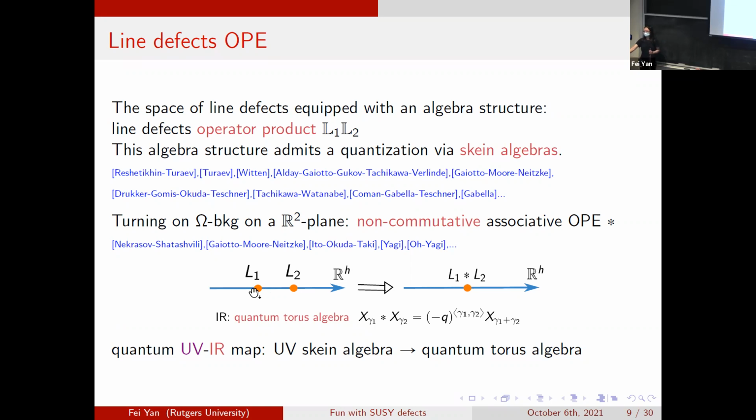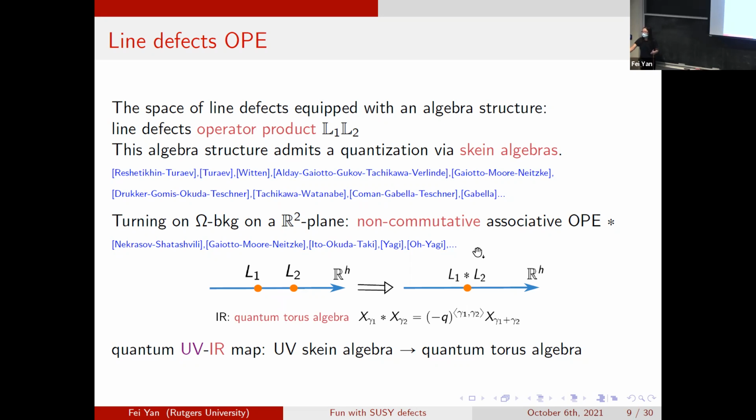Now if you consider the collision limit of the two line insertions, whether L1 approaches L2 from the left versus from the right will be different, because they're fixed on this axis. You cannot move it out of the axis and then move it around, switch out. So in that sense, this OPE will become non-commutative.